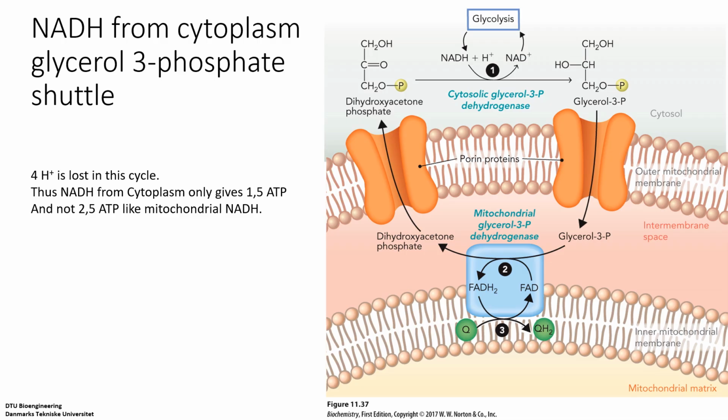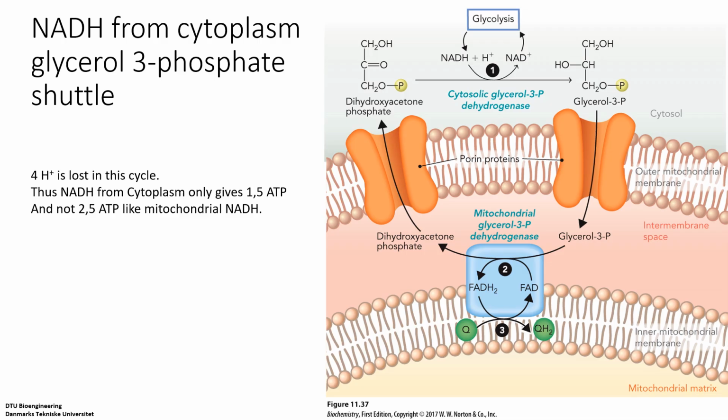So the eukaryotic way to do this is that you have dihydroxyacetone phosphate, again a molecule that we know from glycolysis. We have the dehydrogenase, which utilizes NADH, so it's oxidizing NADH into NAD. And the reduction into glycerol 3-phosphate enables the glycerol 3-phosphate to be pumped into the intermembrane space.